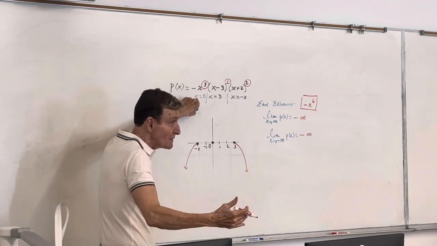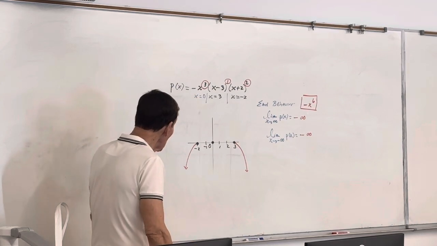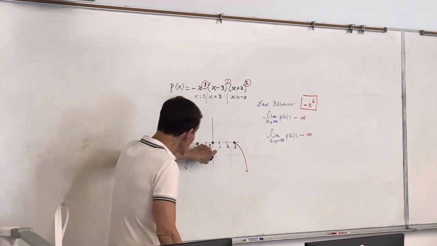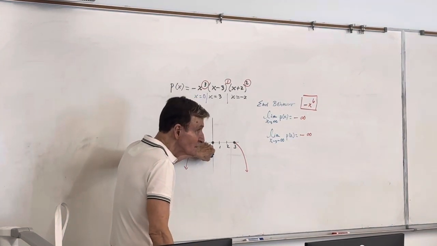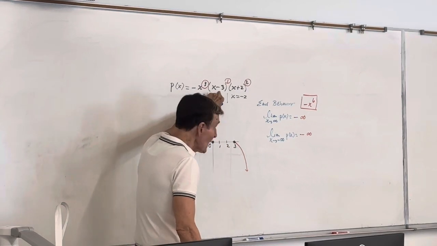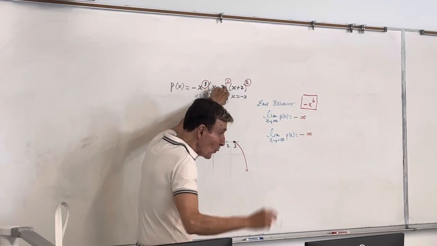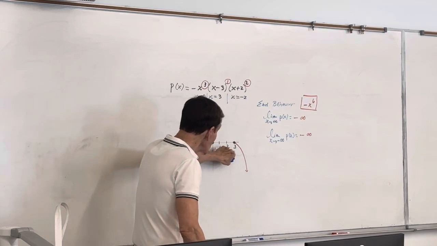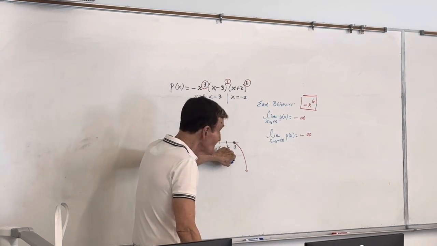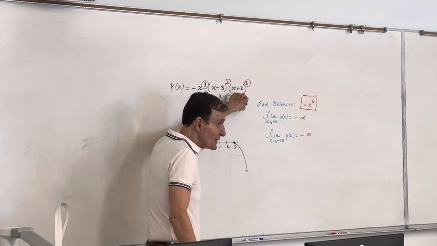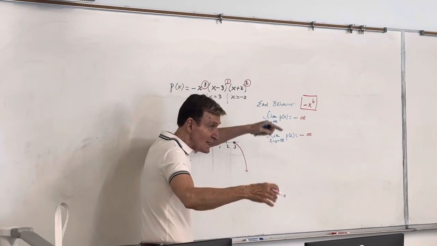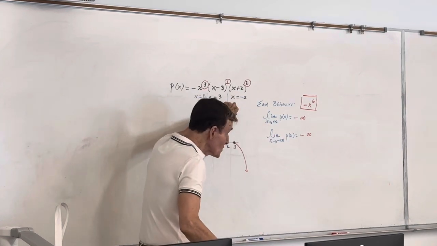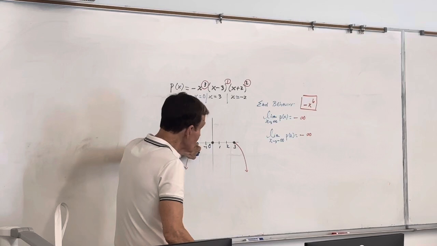Since it's odd, I see a 3 there. I know when I reach 0, it should cross. This one, they gave me a 3, and on the outside an exponent of 1, odd. So when I get to 3, it should cross. This one, though, on the end, x plus 2 squared has an even exponent. So when I get to negative 2, over here, it should touch.